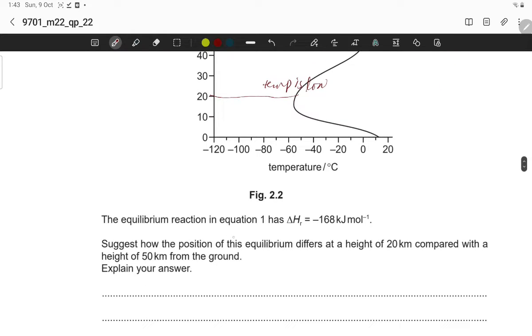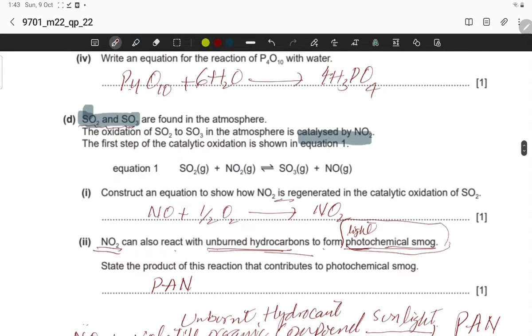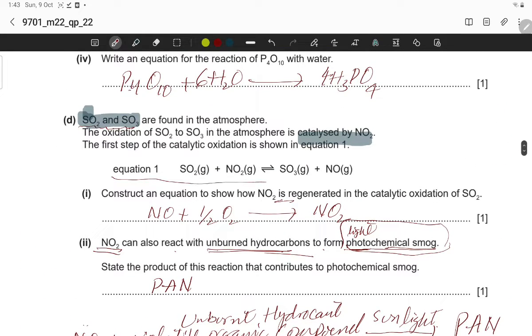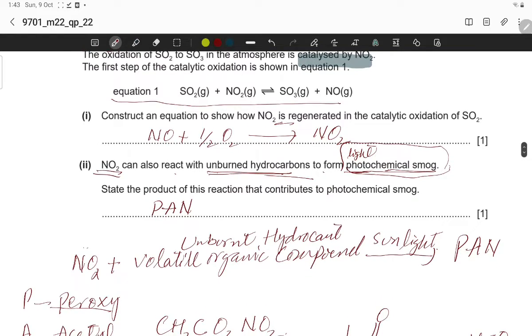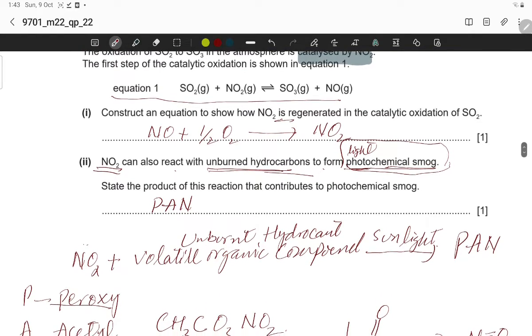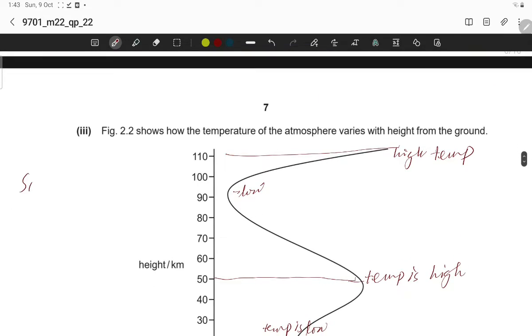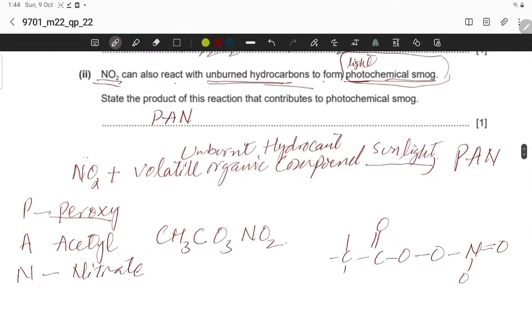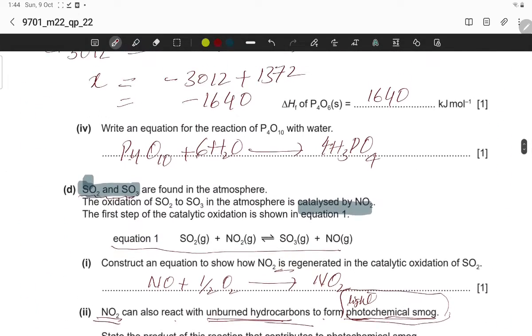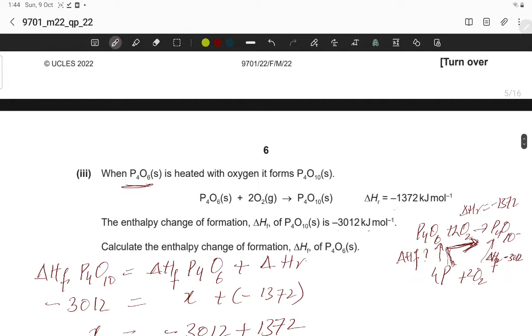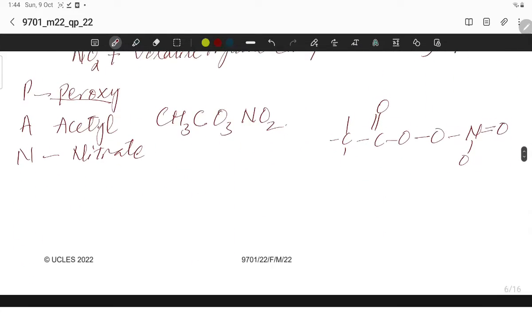The equilibrium reaction in equation 1. This is equation 1, SO2 plus NO2 to form SO3 plus NO, and this is an exothermic reaction because delta HR is negative.